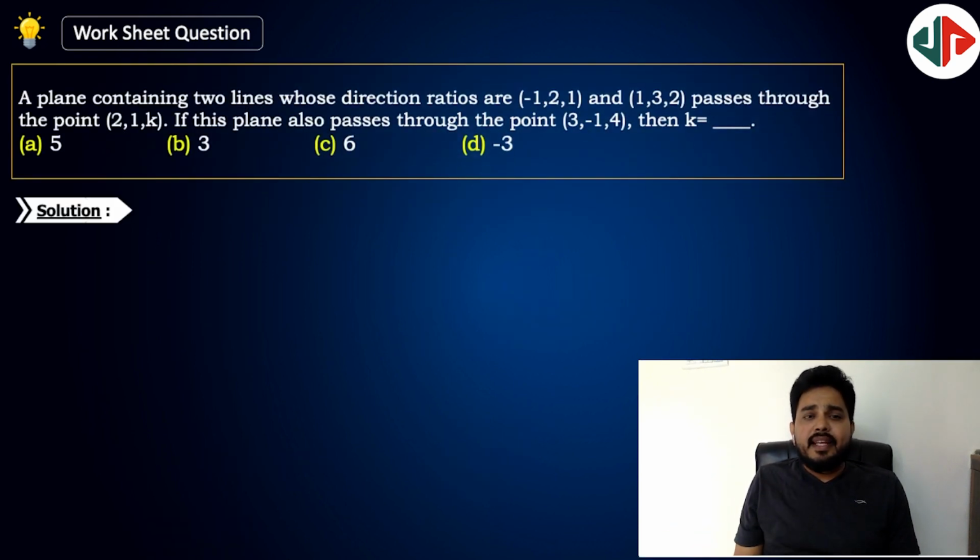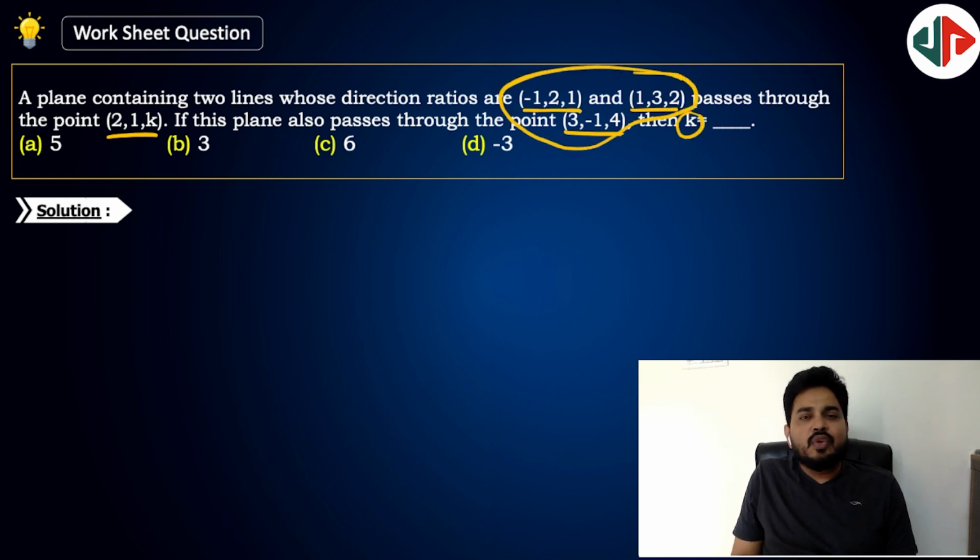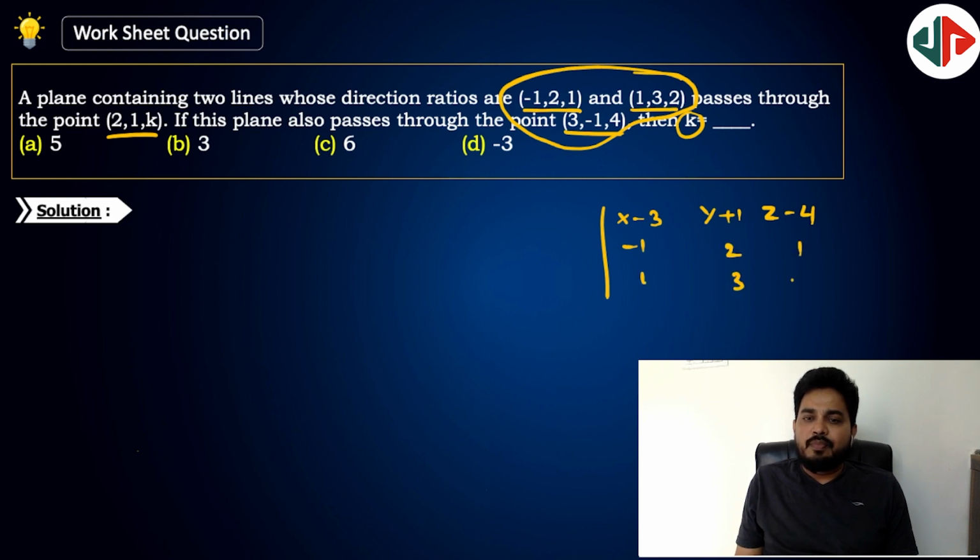A plane containing two lines whose DRs are given and which passes through a point: if this plane is also passing through this point, find the value of k. Simply find the plane containing the lines. It is x minus 3, y plus 1, z minus 4, and you write minus 1, 2, 1 and 1, 3, 2.